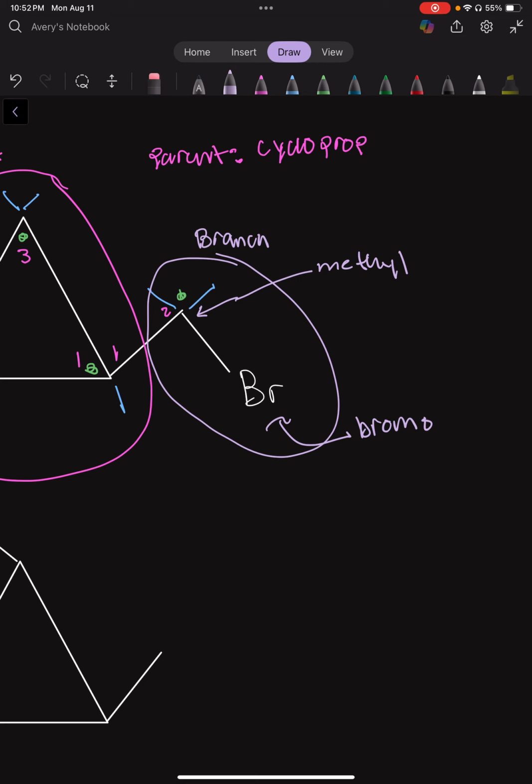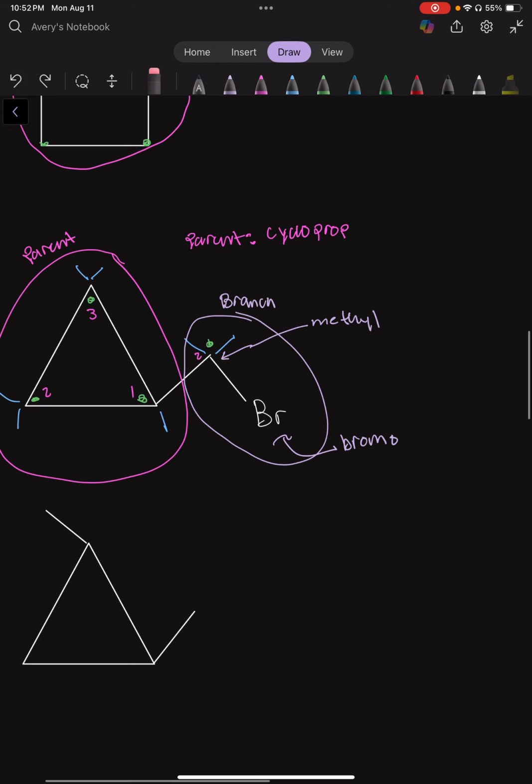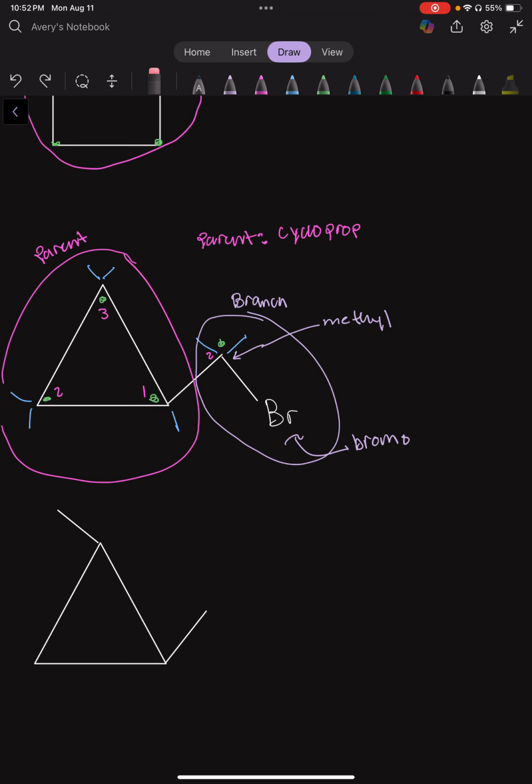Since this is all attached to the one, oh, I did not mean to erase that. Whatever. Ignore the two there. So this is all attached to the one right here.